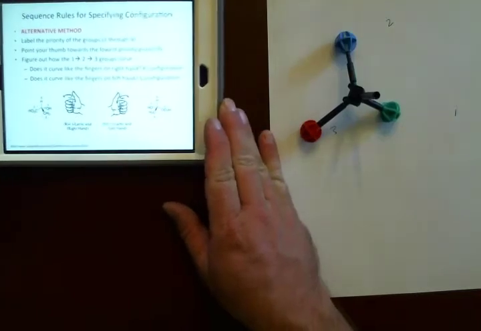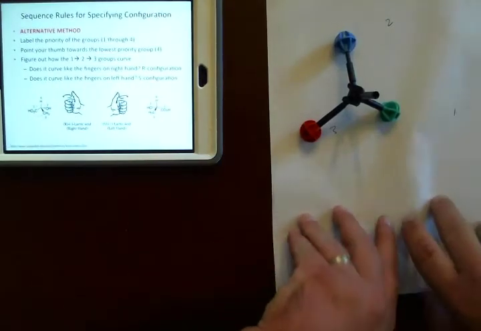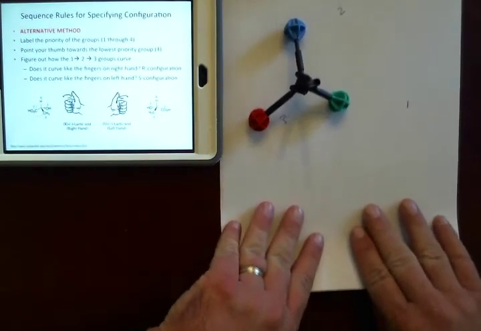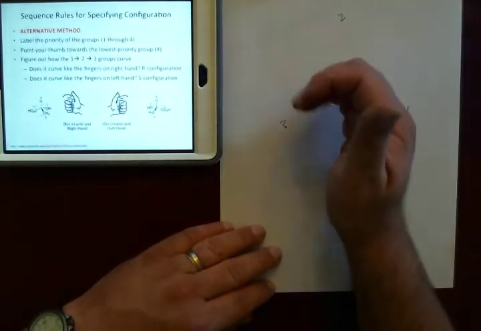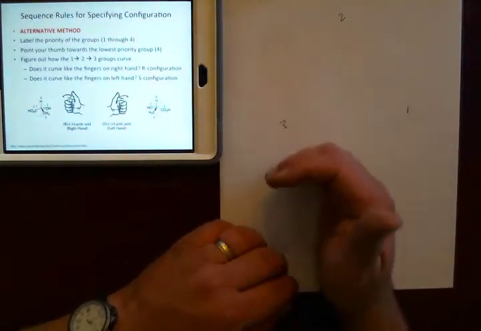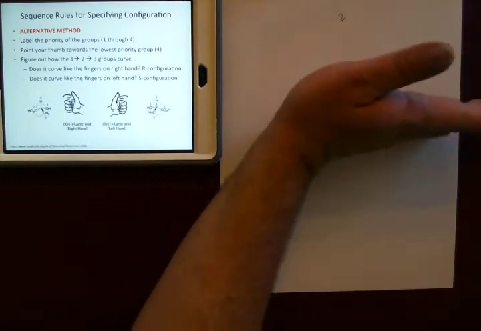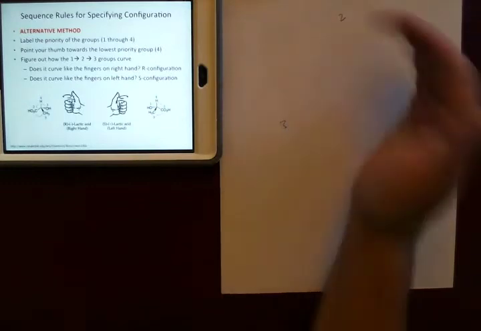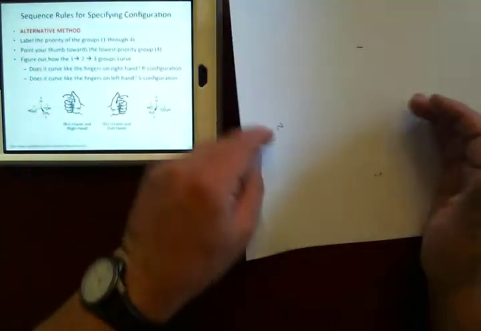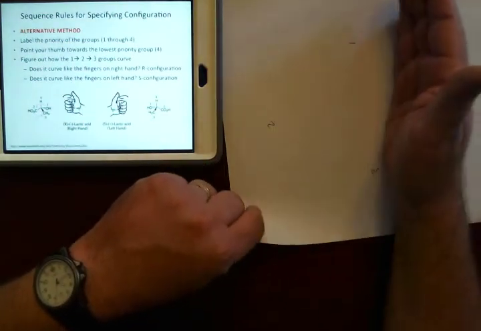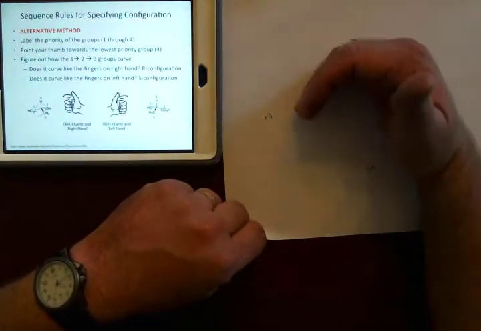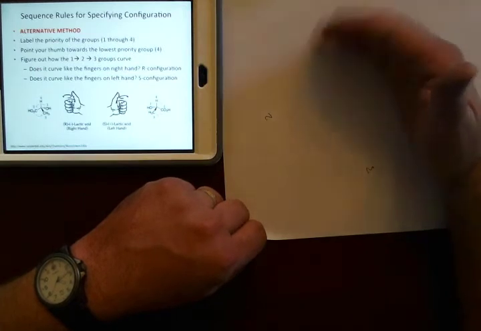It's out here so you can sort of move this over here so you can see a little better. So here, if your thumb is pointed here, it goes 1 to 2 to 3. When in doubt, you can always turn the page, right? So here the thumb was pointed out at you, so it goes 1 to 2 to 3.